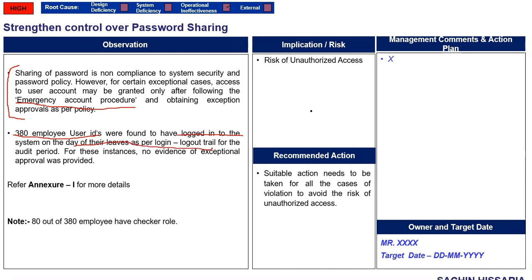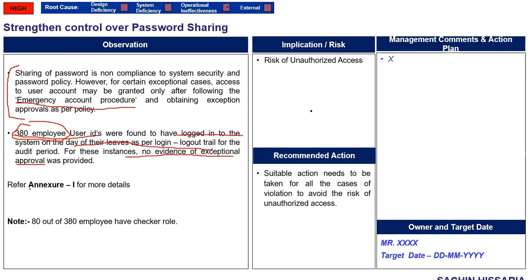So we compared both this data and arrived at a conclusion that this many employees have shared their password on the particular date. We also checked that they had not taken any exceptional approval. No exceptional approval was provided. So this is how you can present this observation to the management.